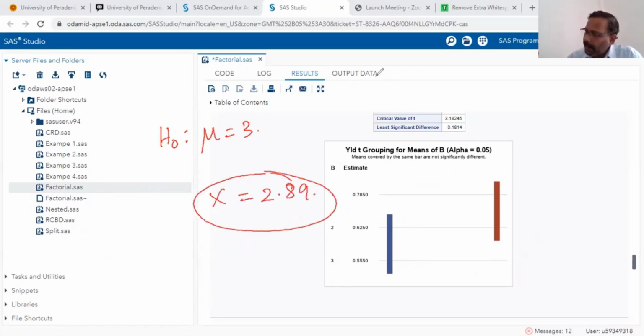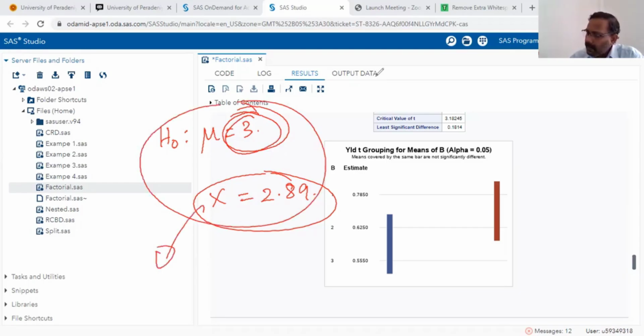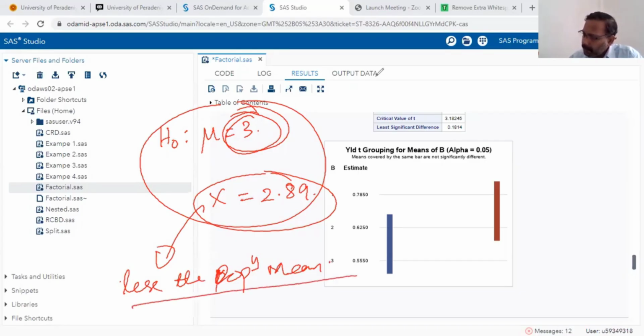By looking at the mean value, and saying that the mean value is much less than the given value, without using any statistics we can say this value is less than the population mean value.